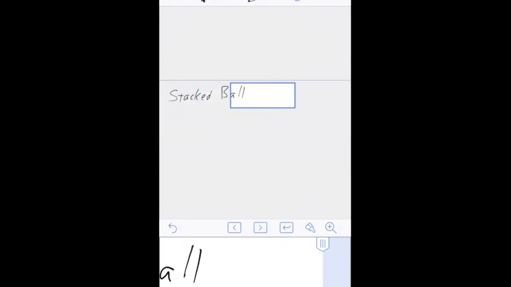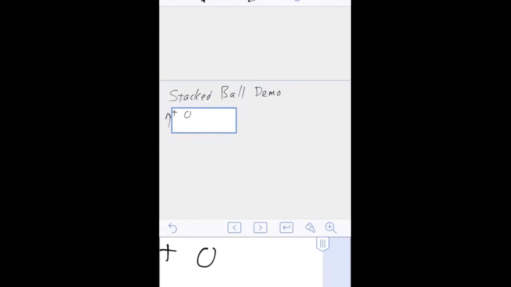This is a classic demo. I'll take up to be positive for this picture. For this example, I'm going to have a ball with mass m, and I'll have the lower ball be 3 times as massive.